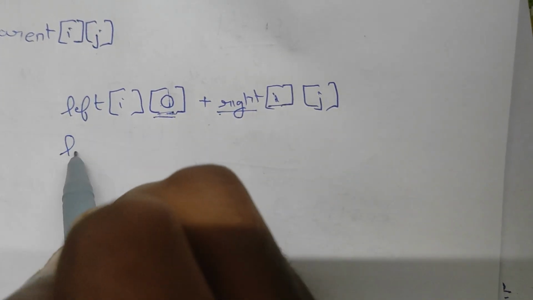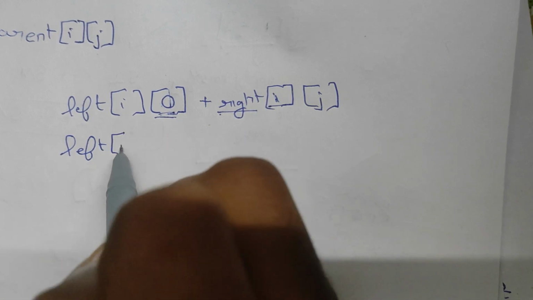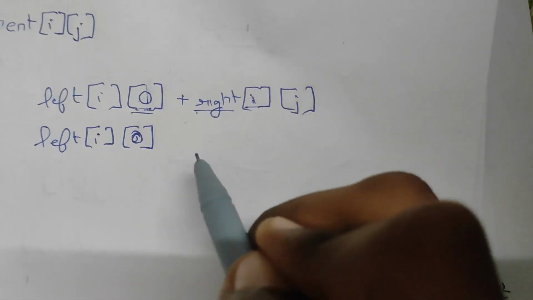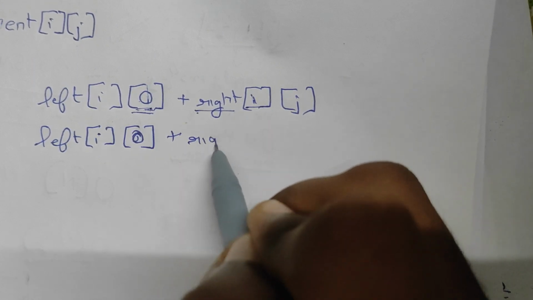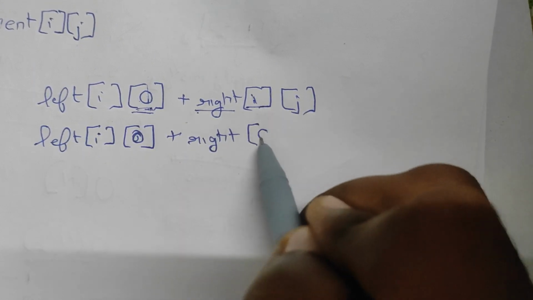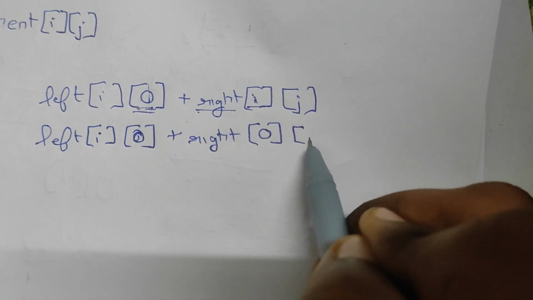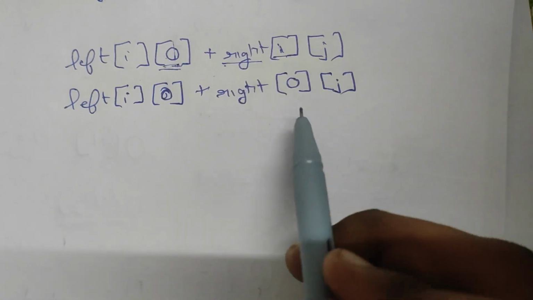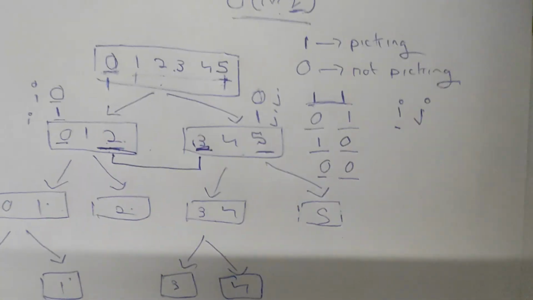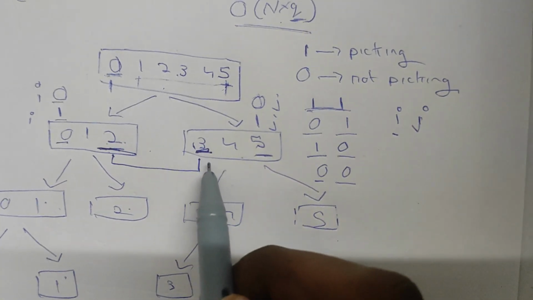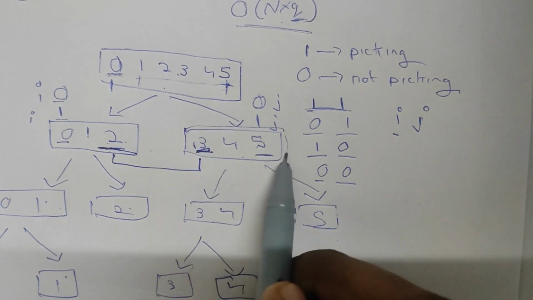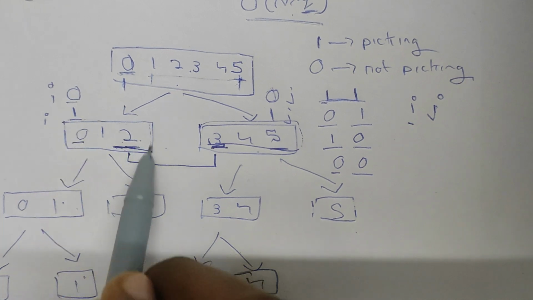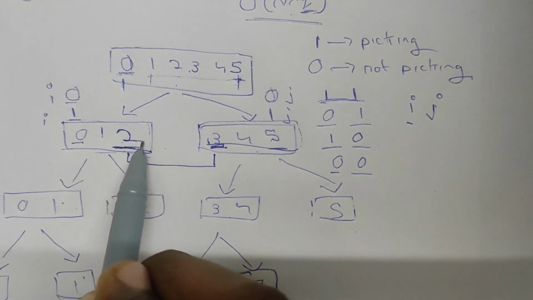And what all conditions are there else? If the left child didn't choose the rightmost element, the right child also has another option to not choose the leftmost element. When I am saying the leftmost element of the right child, I am implying this 3, and when I am saying the rightmost element of the left child, I am implying this 2.